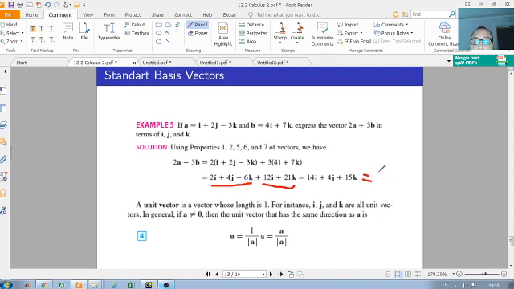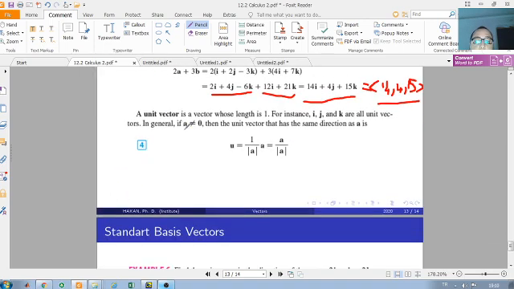Another representation is written as (14, 4, 15). Okay, we have two representations for vectors. This is the first one, another one is written here.